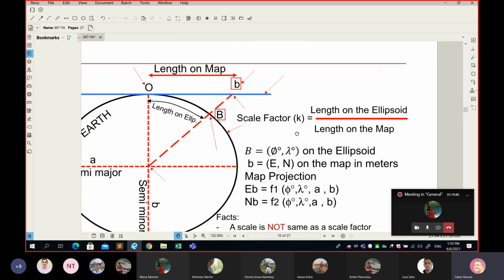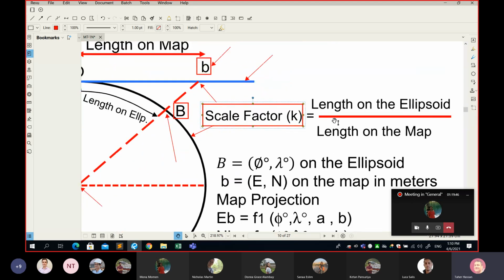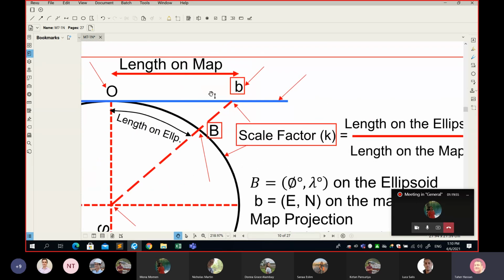So that's why I'm going to create a new terminology called scale factor. I'm going to talk about scale factor in a minute. I'll call it K. Simply, K is a ratio: the length on the ellipsoid divided by the length on the map.